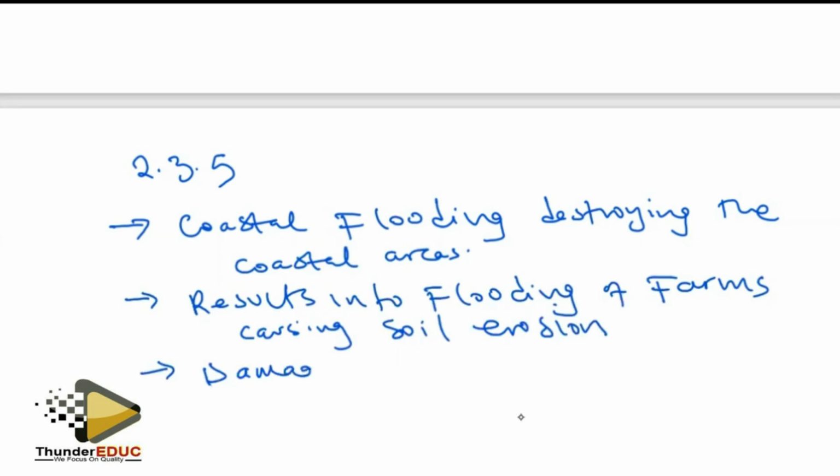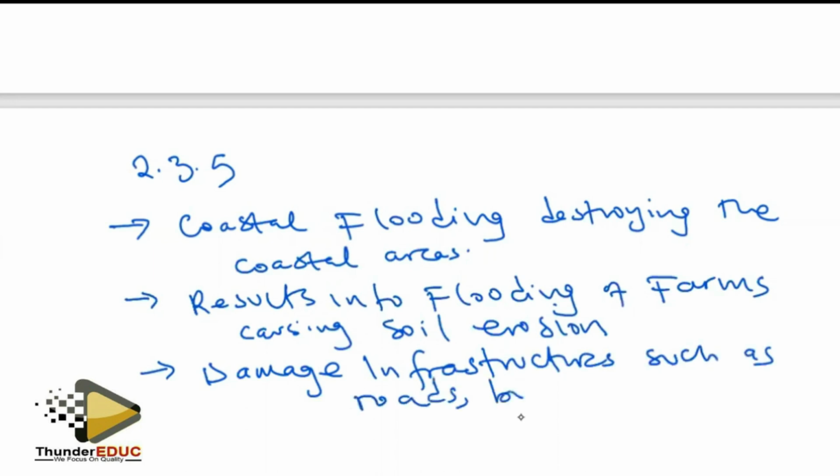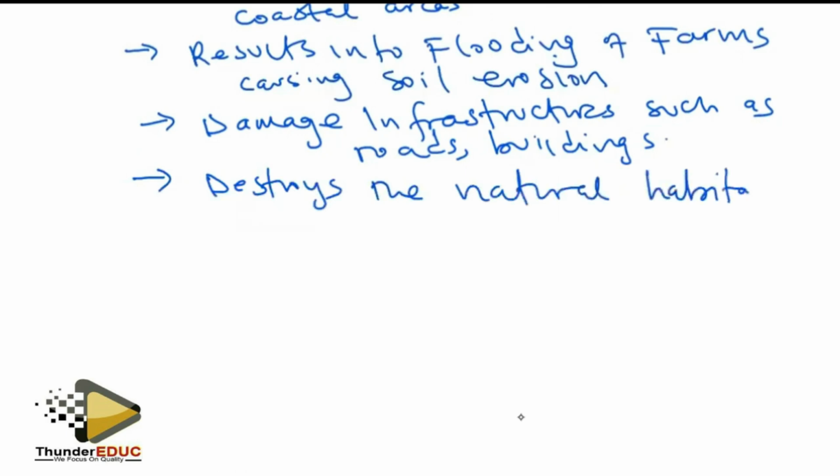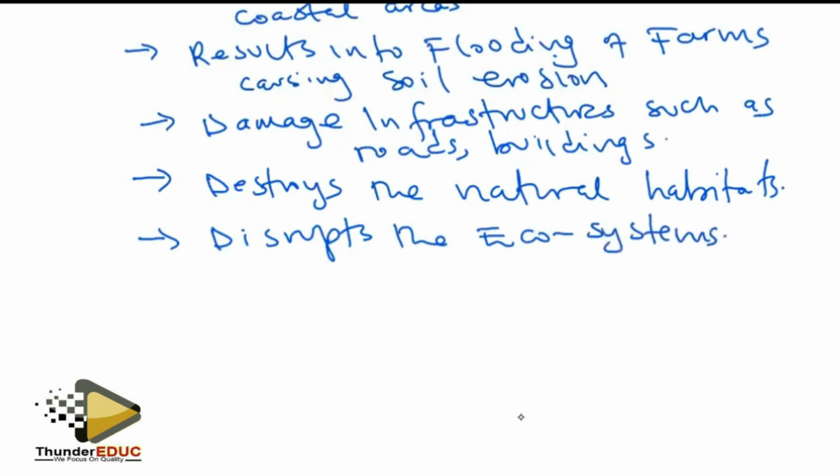infrastructure structures such as roads, buildings, destroys the natural habitats, disrupts the ecosystems.